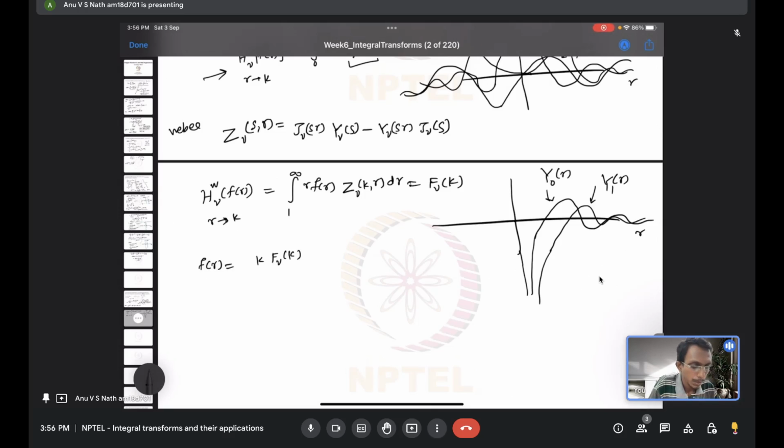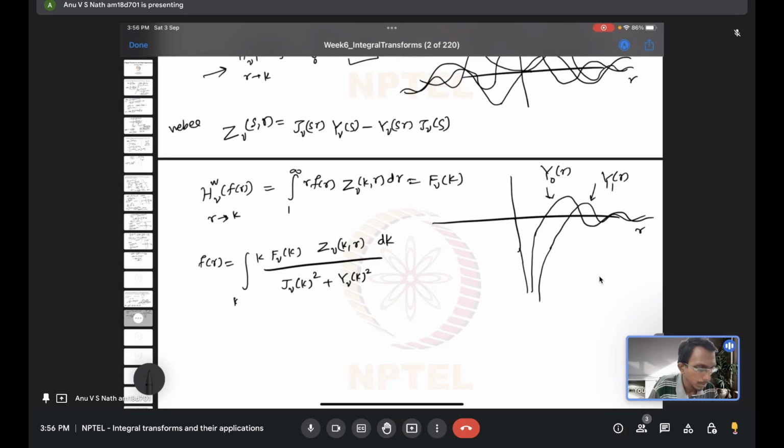Now unlike the normal Hankel transform, here also z nu of k comma r exists, dk. You also need to do one more modification here. It's j nu of k squared plus y nu of k squared. Now k is from 0 to infinity. So notice that here r is actually 1 to infinity.